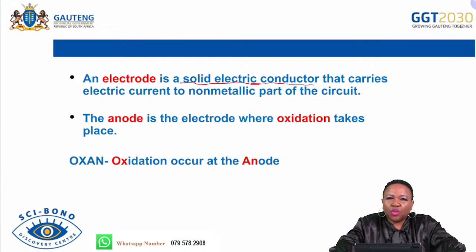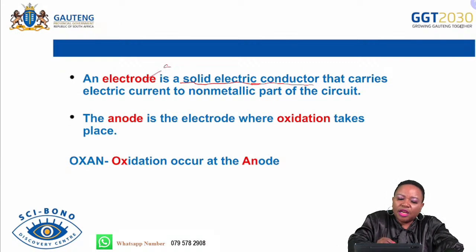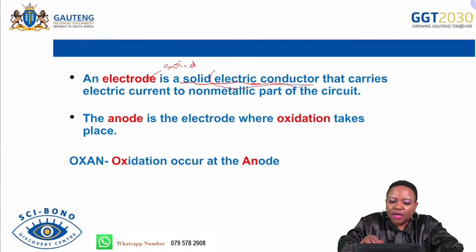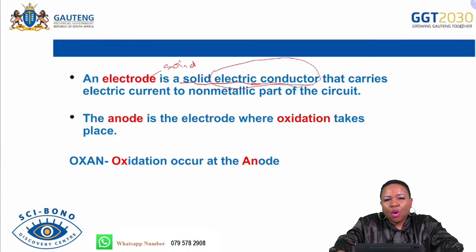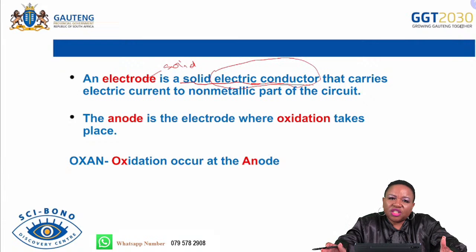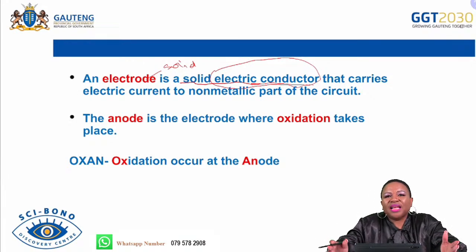It is very important to know that when you say an electrode, first of all it must be a solid, and secondly it must be an electric conductor. Therefore, all the reactions must have electrodes that become their terminals at the end of the day, so that those electrodes can conduct electricity.